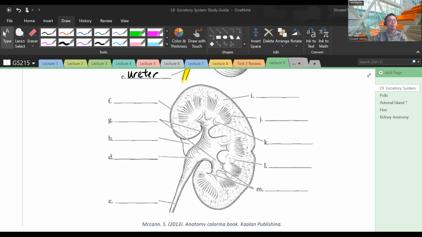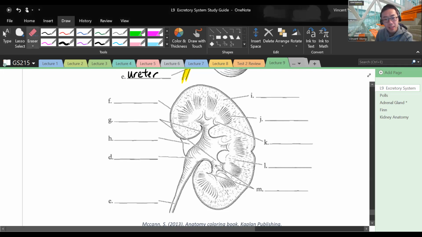Is G the minor calyx? Let me see. G is pointing at this here. G is actually the major one, right? I know it's confusing, but let me help you guys out a little bit here. Perhaps let me draw some pyramids here.